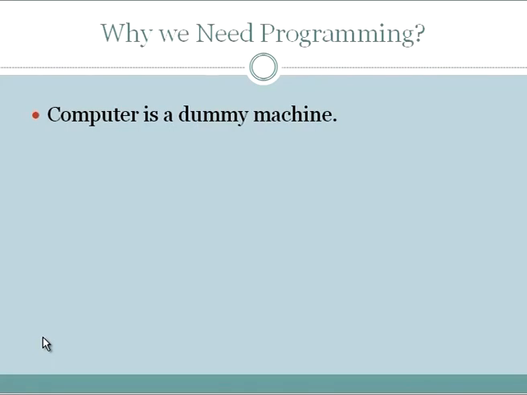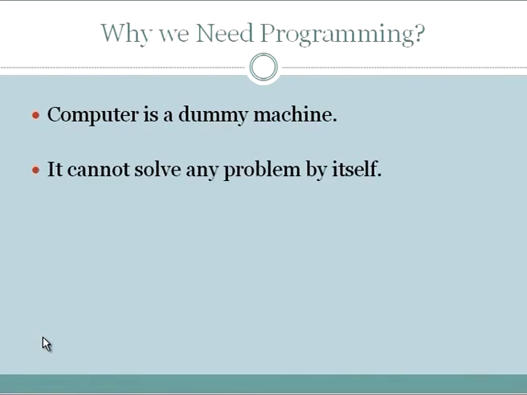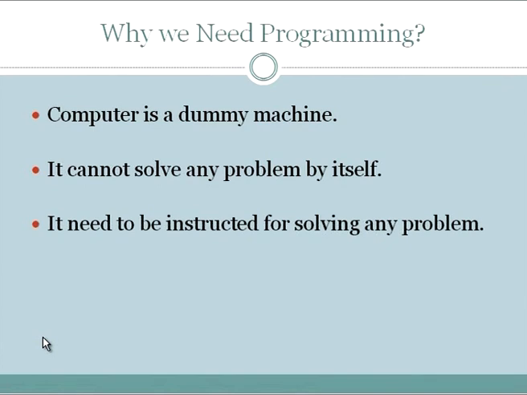Now, software are developed by the programmers by using programming language. We need programming language because we want to make computer useful. Computer is considered as a dummy machine. It cannot solve any problem by itself. It needs to be instructed for solving any problem.